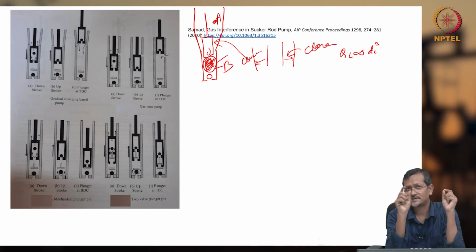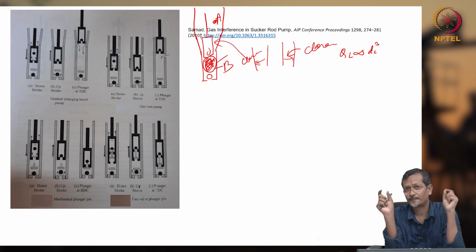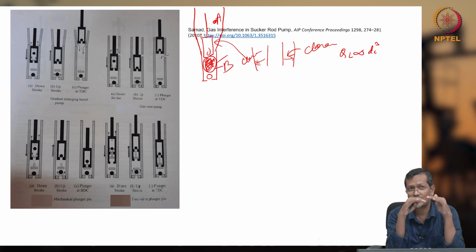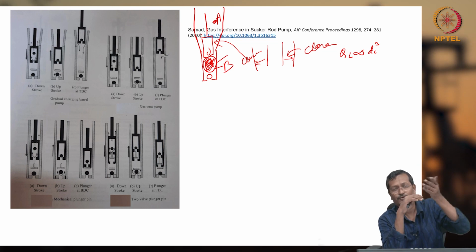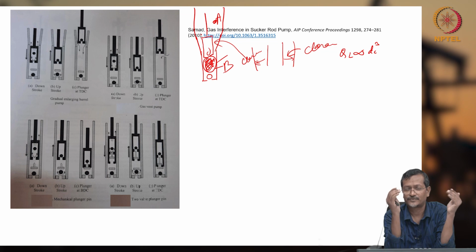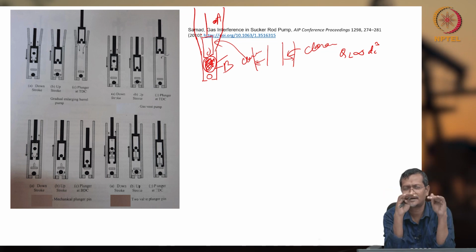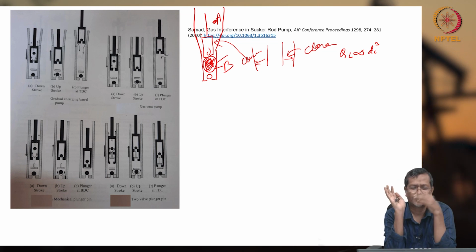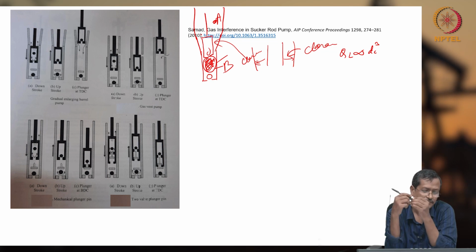But here, because of extra leakage, extra clearance, you are getting a lower flow rate every stroke, but your problem is solved, no gas lock. So problem-free operation, but a little bit lower production. That's why the company is doing their marketing.